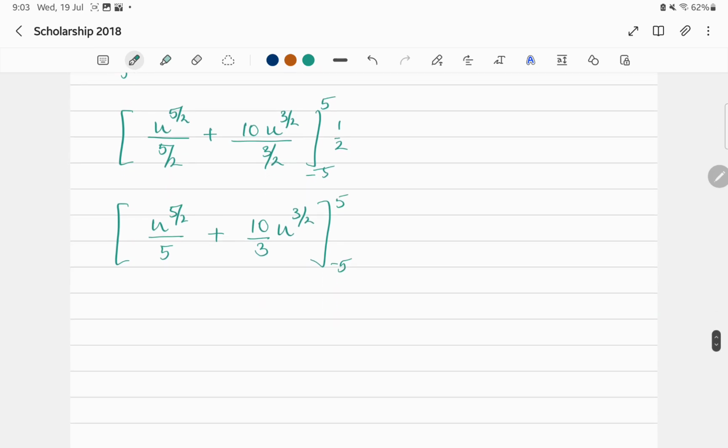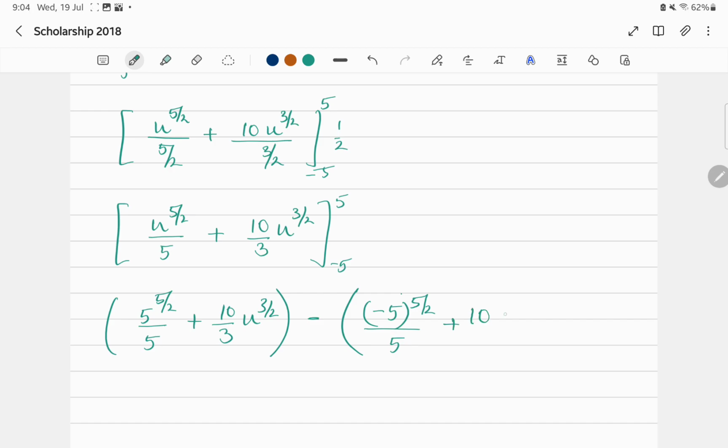So here when you substitute the values, 5 is fine, so you will have 5 to the power of 5 over 2 over 5 plus 10 over 3 times 5 to the power of 3 over 2, minus, and u is minus 5 this time, so it's minus minus 5 to the power of 5 over 2 over 5 plus 10 over 3 times minus 5 to the power of 3 over 2.